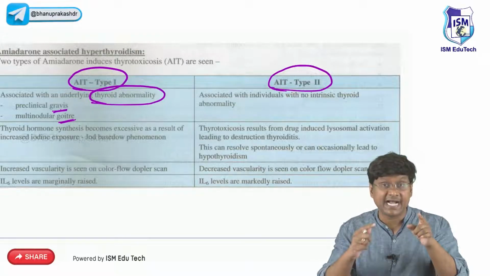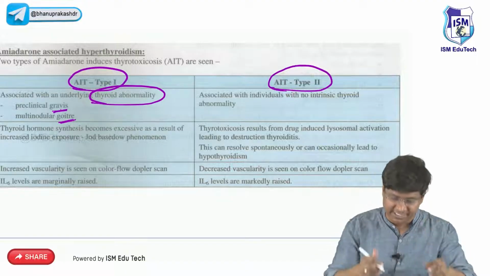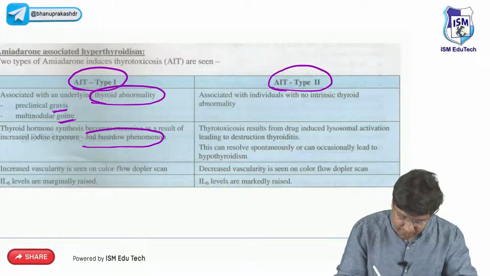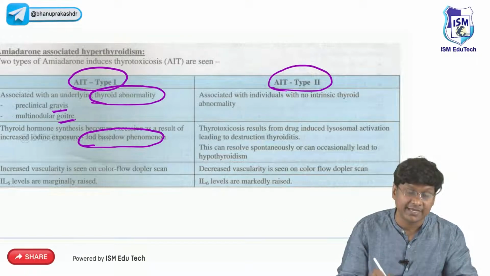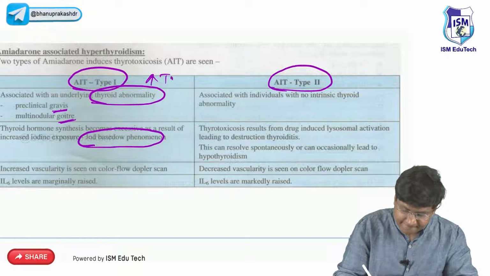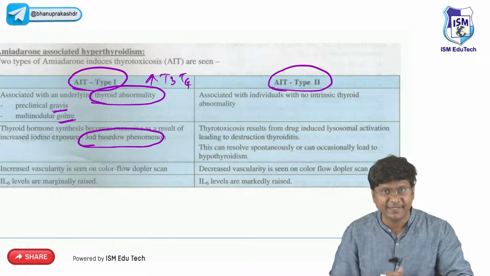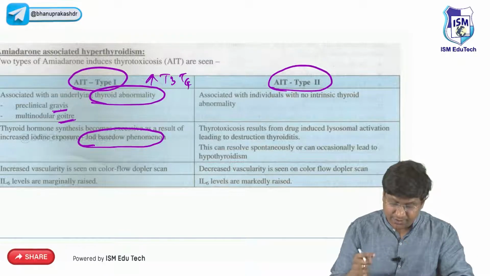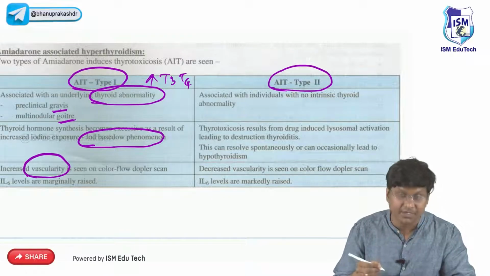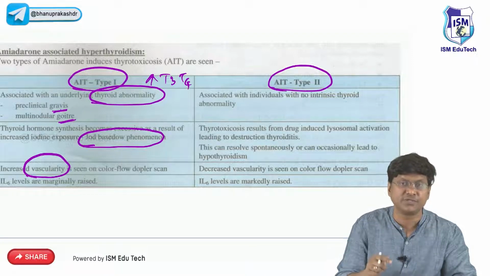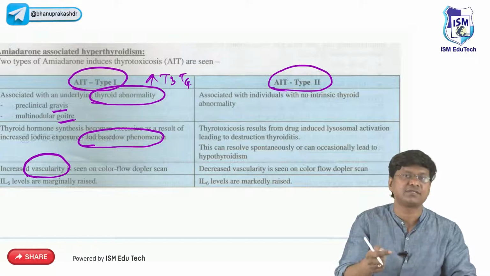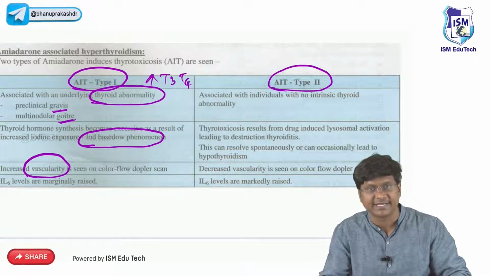So it is iodine-induced hyperthyroidism, nothing but the Jod-Basedow phenomenon. In type 1 there will be hyperthyroidism, and on Doppler you will observe increased vascularity on color flow Doppler of the thyroid.